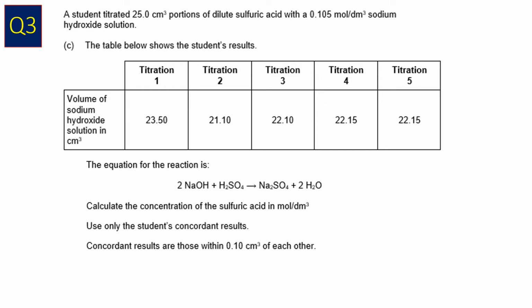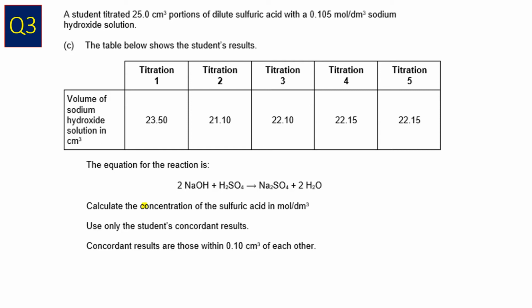The table below shows the student's results. So they've had 5 goes at the titration, and we've got different volumes of sodium hydroxide there. The equation for the reaction is 2 moles of sodium hydroxide will react with 1 mole sulfuric acid to make 1 mole sodium sulfate plus 2 moles of water.